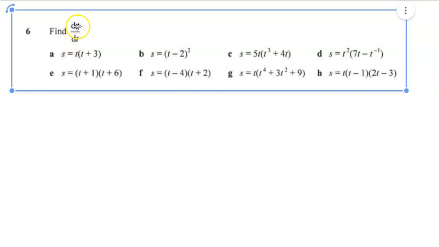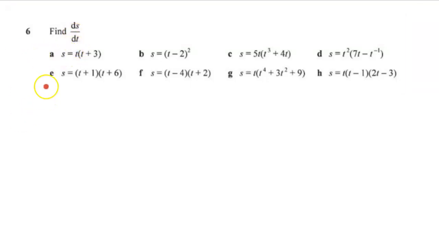The reason it's not dy over dx is because all of these have the variable t, and on this side the variable is s. It's a function of s. I'm just going to pick that one because it looks a bit more complicated, and then you can do the e and the other ones because they are very much similar.